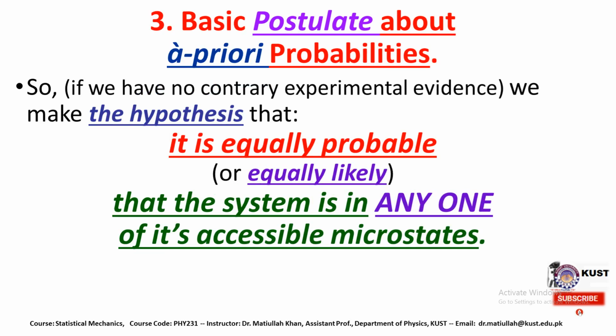This is actually the basic definition of the probability postulate, that all the states are equally probable. In very simple words, the system being in any one of its accessible microstates is equally probable, or the chances of all the possible events in that particular case are equally probable.